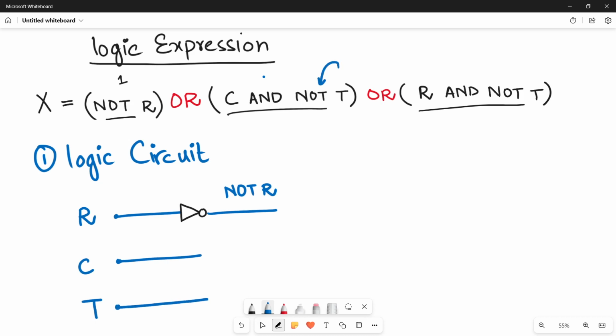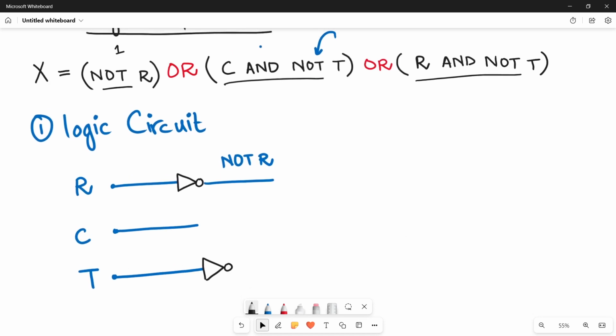So I will pass T through an inverter just like R. Okay. Now when it is passed through an inverter, I will get NOT T.